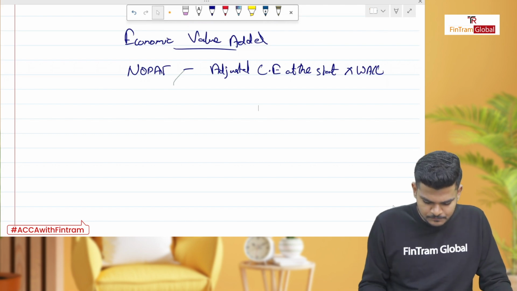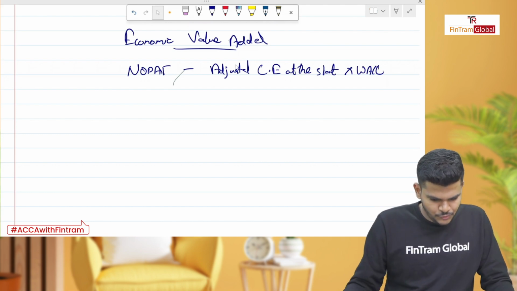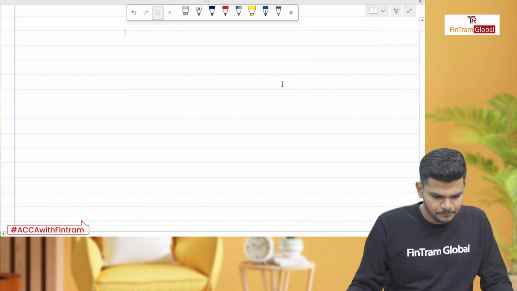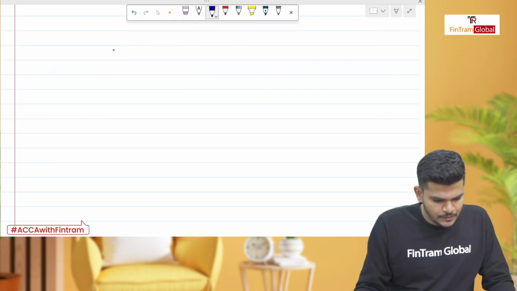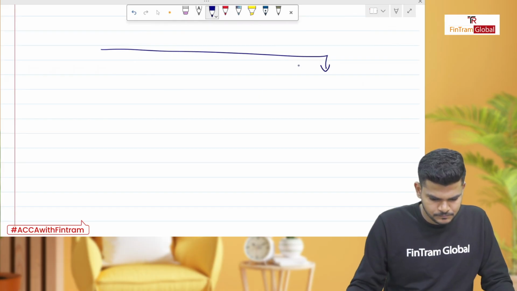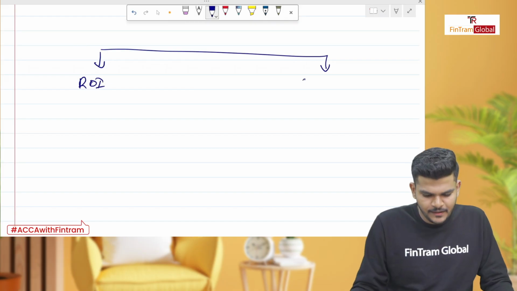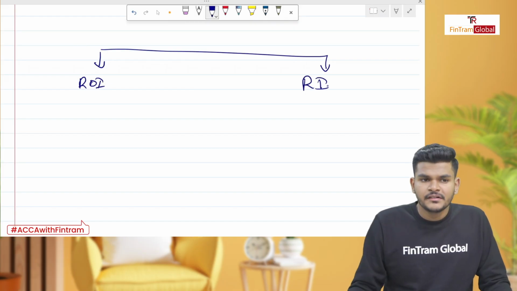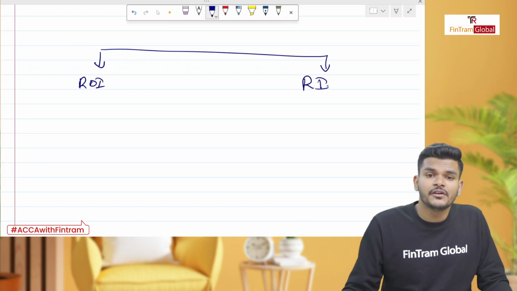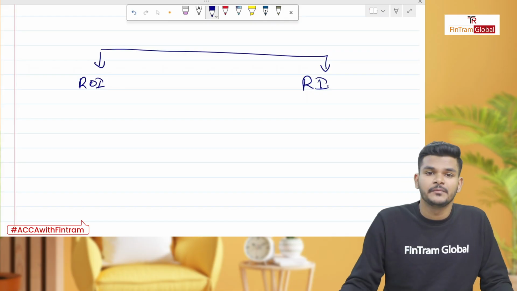Now, moving on to another aspect, another measure, I would say, quite an easy one, right? We have ROI and then RI. Return on investment, and then there is residual income as well, right?